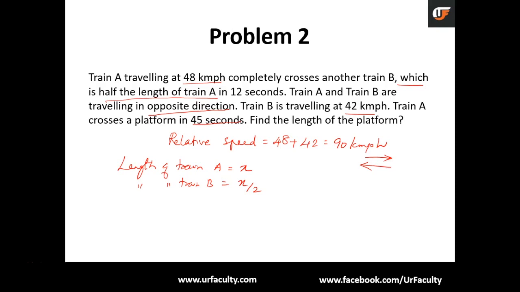Okay, so how do we find how much time it takes for train A to cross train B? It's basically distance by speed, time taken. So what is the distance here? It's x plus x by 2, basically the length of both the trains, by 90 km per hour.